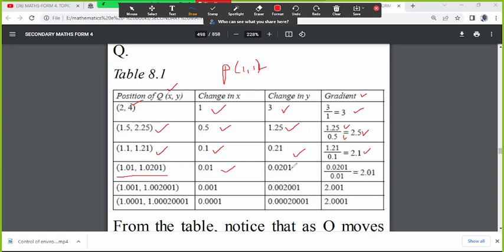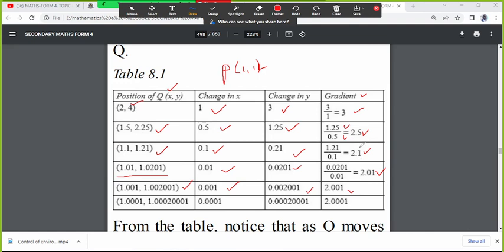Change in x, change in y, gradient 2.0, and as Q moves much closer to P, change in x, change in y, the gradient is equal to 2.00.